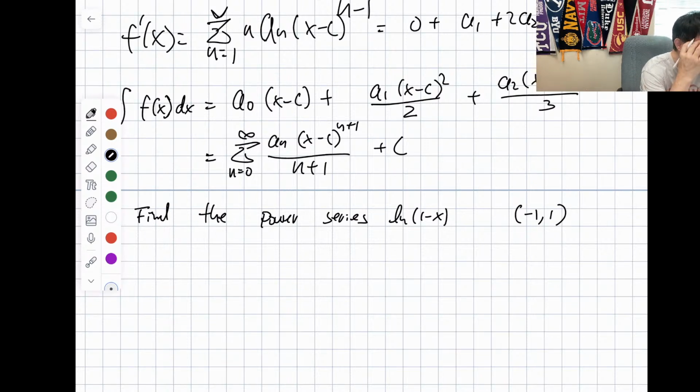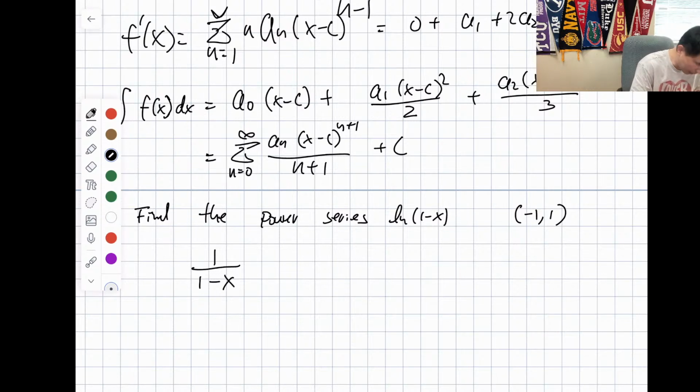Now you've got to think which function, if I integrate or take the derivative, is going to give natural log of 1 minus x. And it's something that we know of. Right, 1 over 1 minus x. Why? Because we know du over u, the integral is ln of u.